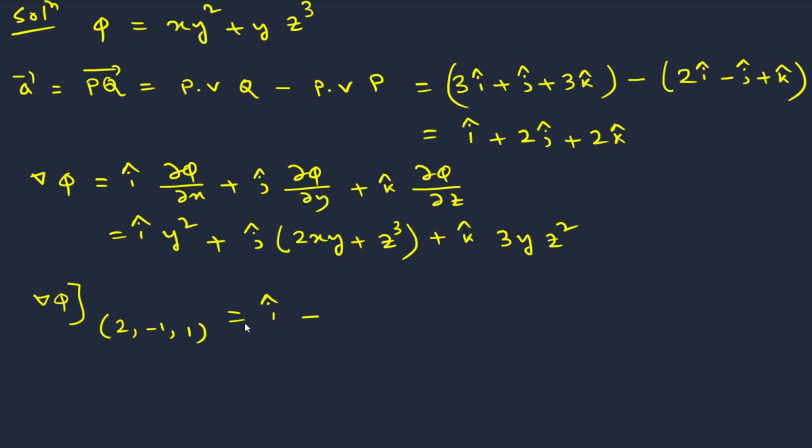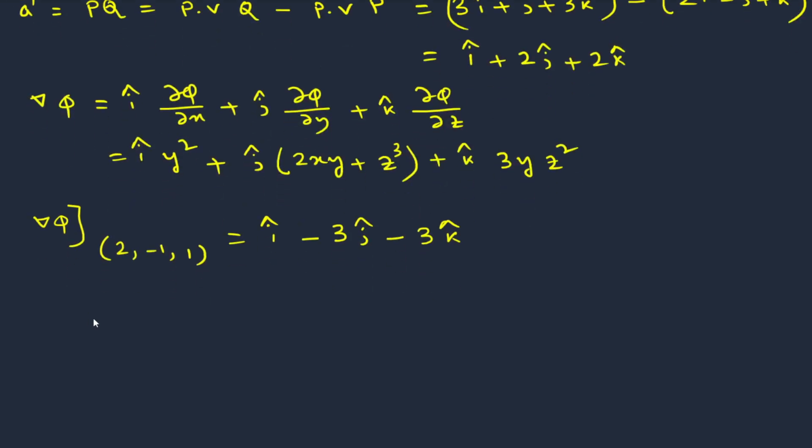Okay, x is 2. So 2 into 2, it will become 4. Then minus 3 j cap. And the last term, y is minus 1 and z is 1. So it will be minus 3 k cap. So this is our gradient phi at the point 2, minus 1, 1.